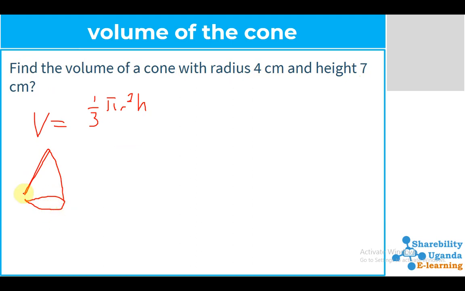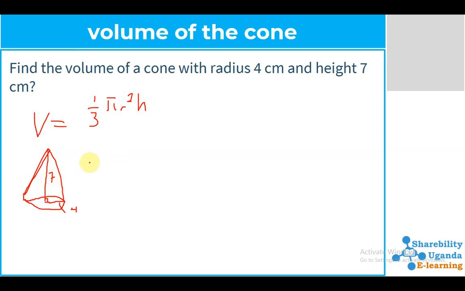Okay, they are saying we should find the volume of the cone. Our radius is here, which is 4 centimeters, and our height, forming a right angle triangle, is 7 centimeters.